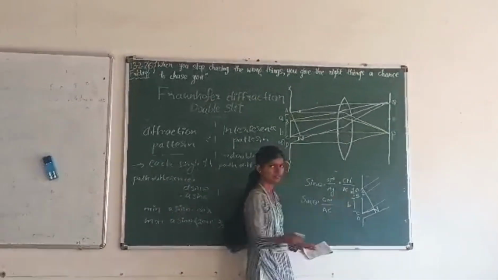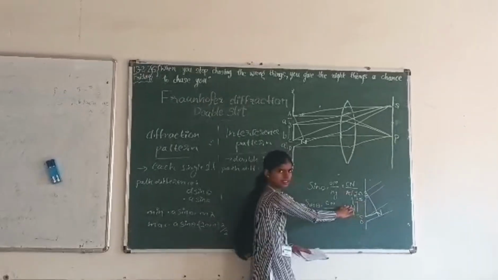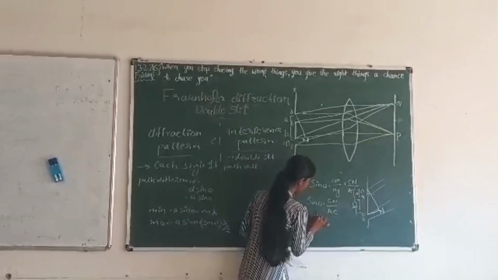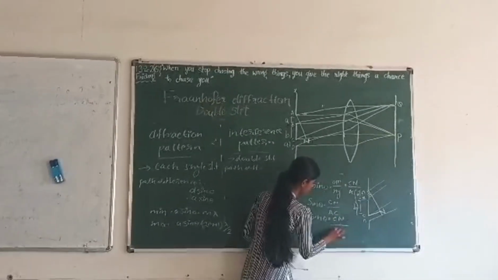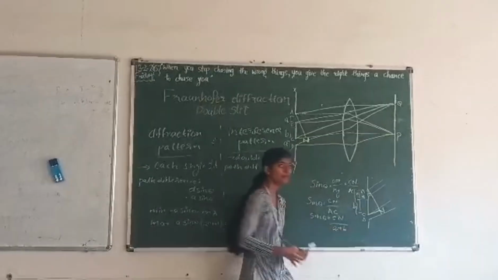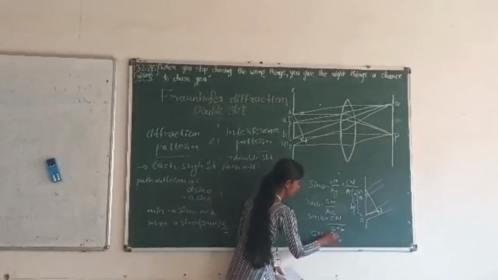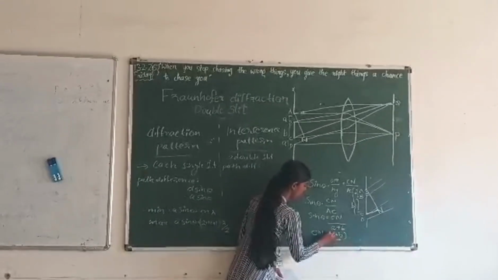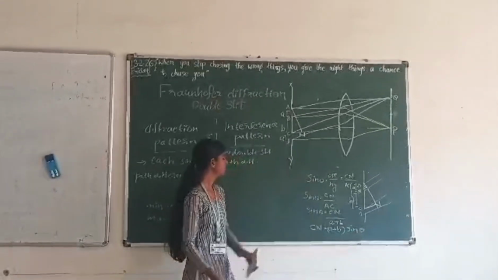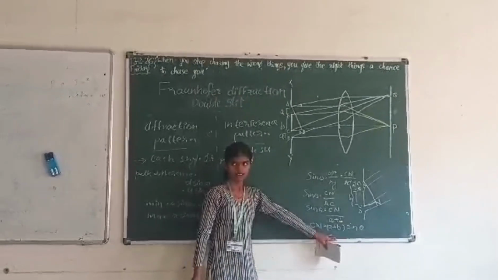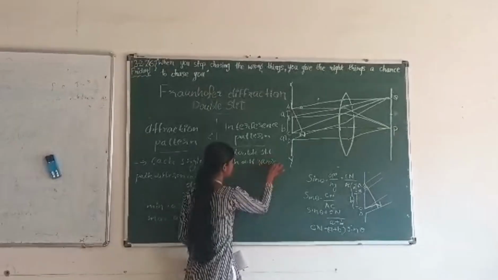You can see that AC is a plus b. So sin theta is equal to CN by a plus b. We want to find CN. So CN is equal to a plus b sin theta. So the path difference is a plus b sin theta.